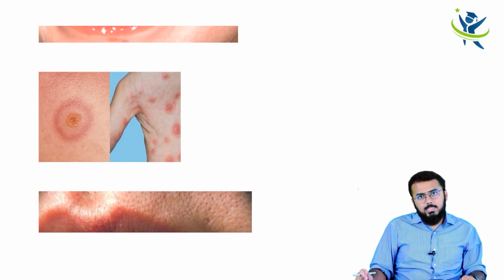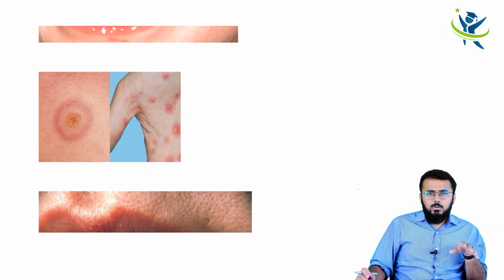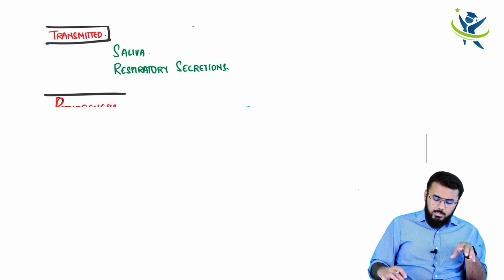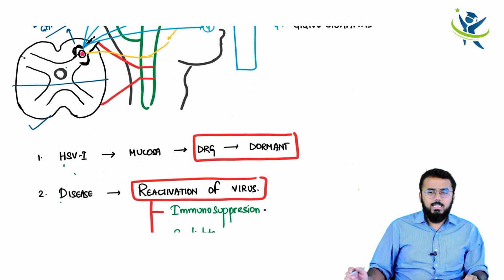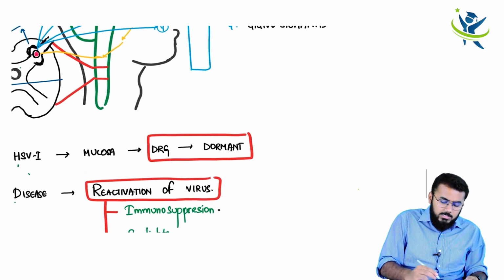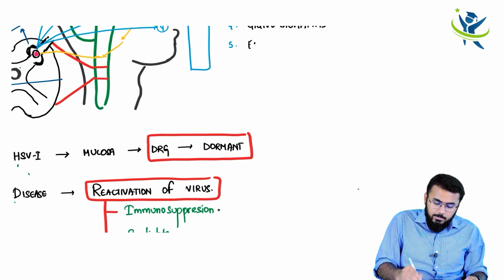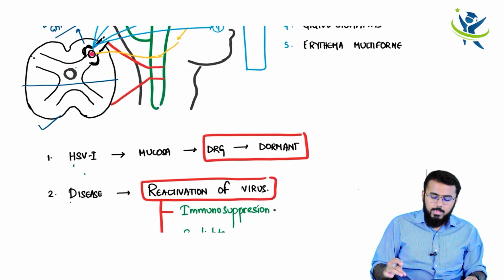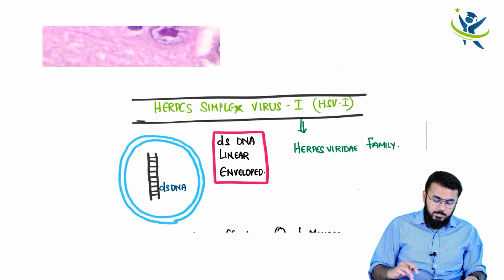Another thing is that not only these, it will even affect your skin. When it affects your skin, it is going to cause erythema multiforme, a rash called erythema multiforme. Let me show you that picture.